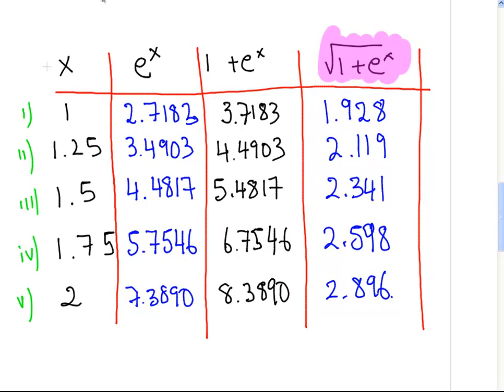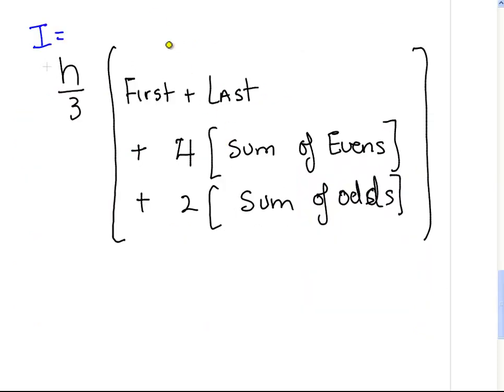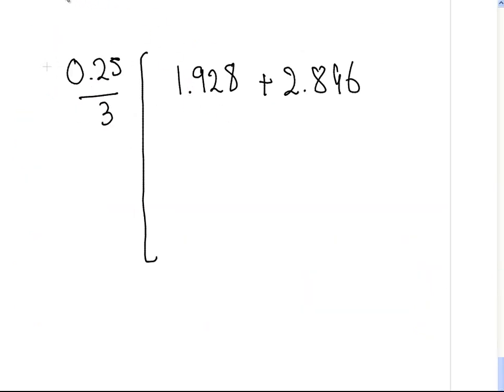The evens in this case were 2.119 and 2.598, so plus 4 times 2.119 plus 2.598.